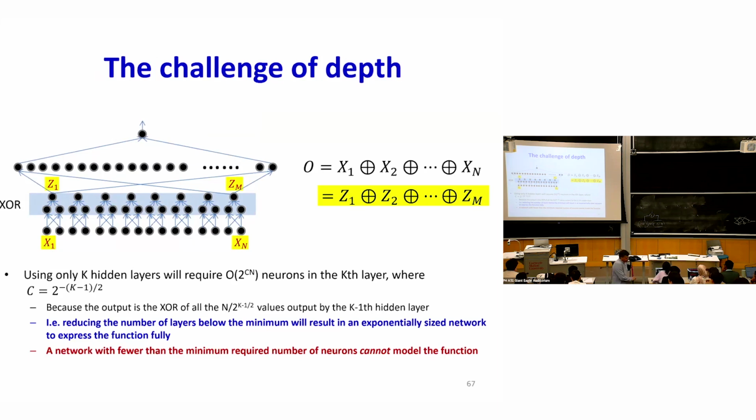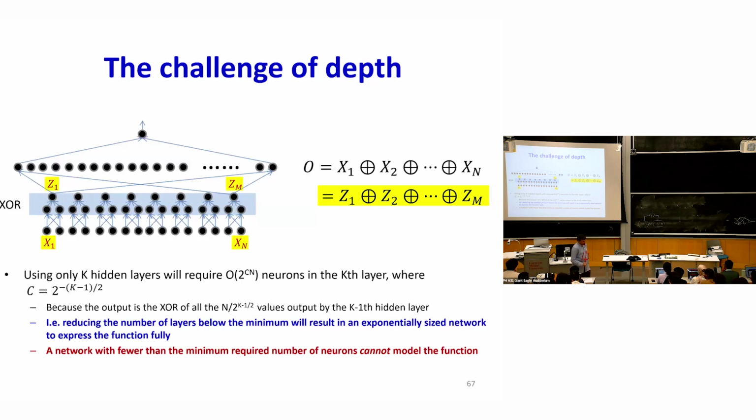So what this means is that if you limit the depth of the network, suddenly you find yourself in a situation where the number of units you require is exponential in the size of the input. So there's a very nice theorem.